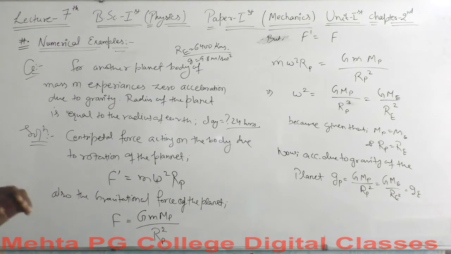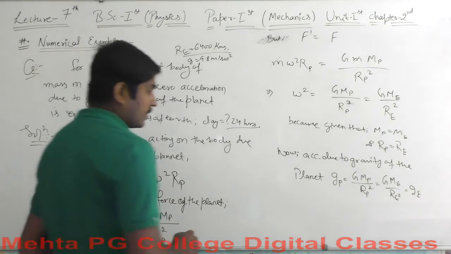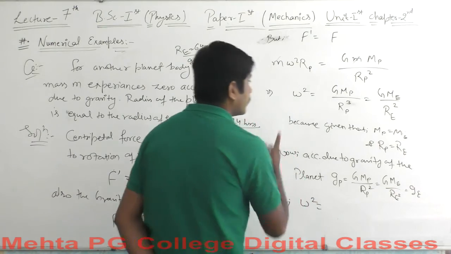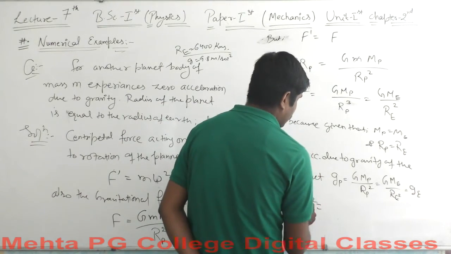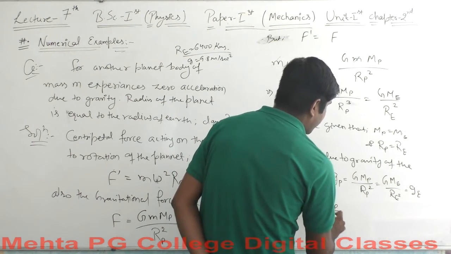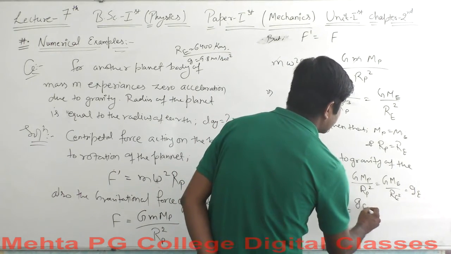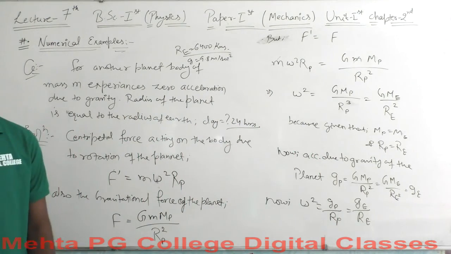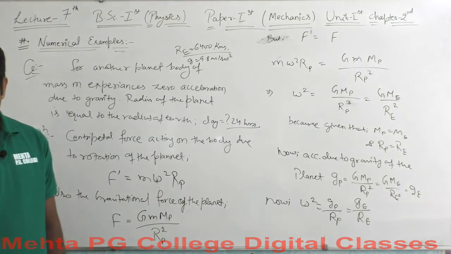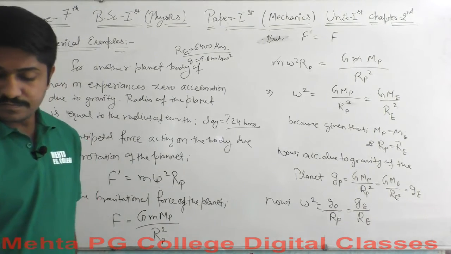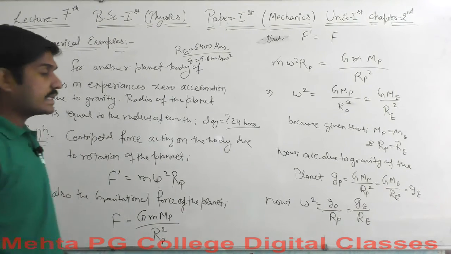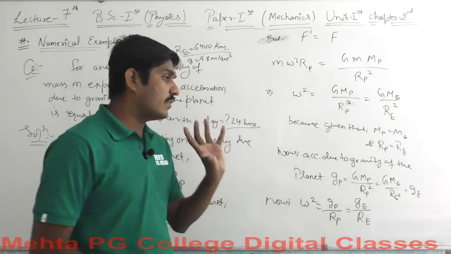So now the value of omega square will be gp over rp, or you can say ge over re. So these will be the values by now. Now what will be the value of the day, or the time spent to revolve?